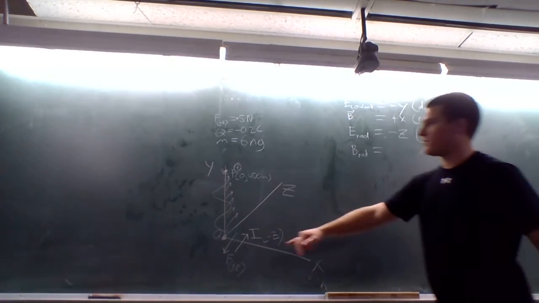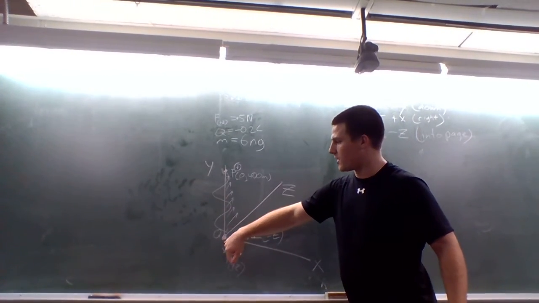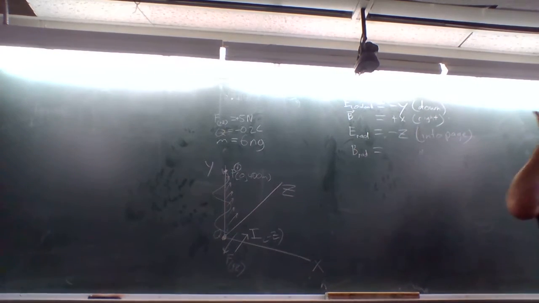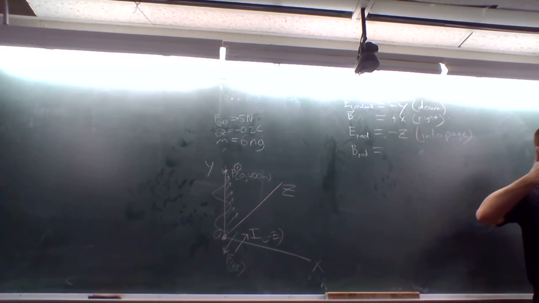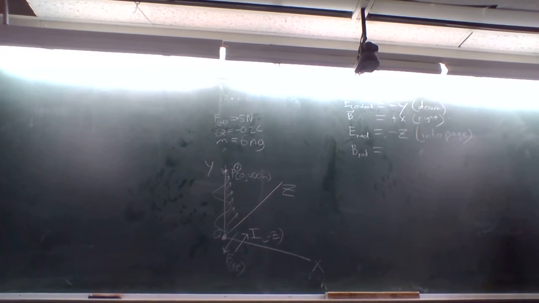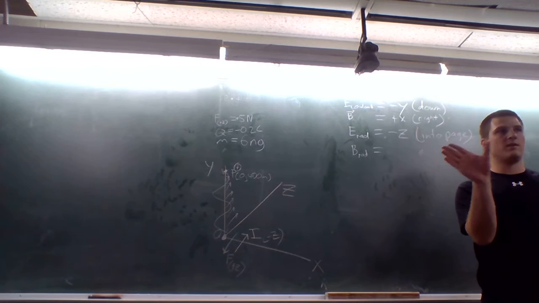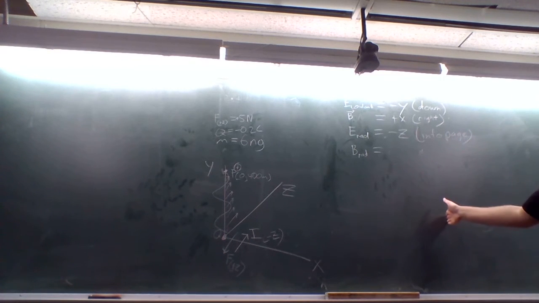The direction of this wave from this point Q to this point is in the positive Y direction. And remember, we have to use the other right hand rule to find B. Your thumb is the direction of movement, the velocity vector. Your fingers should be the E. In this case, it'll be in the negative Z direction. We found that E radiation is in the negative Z direction.